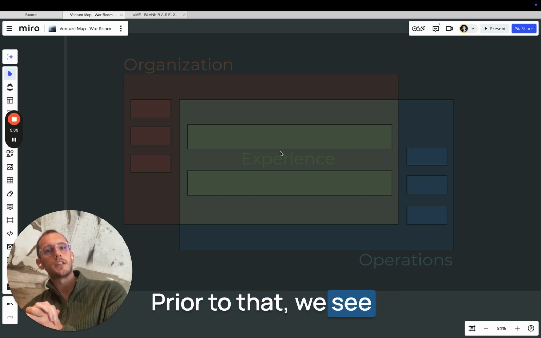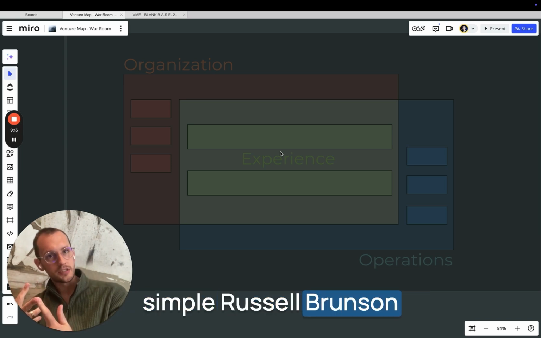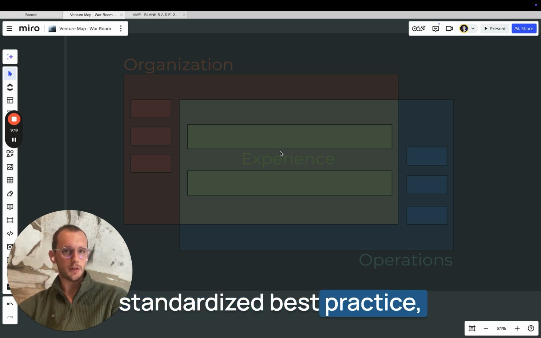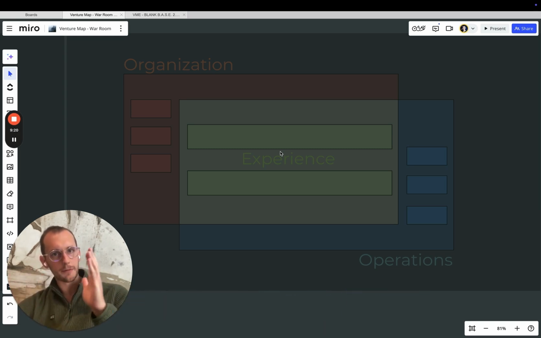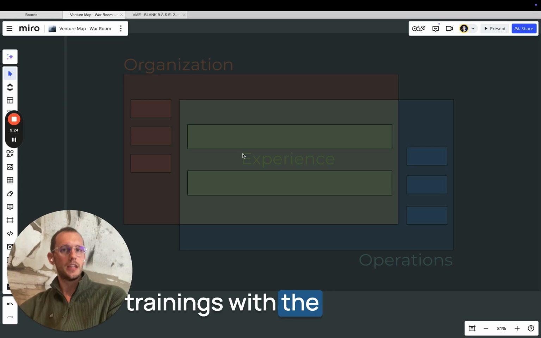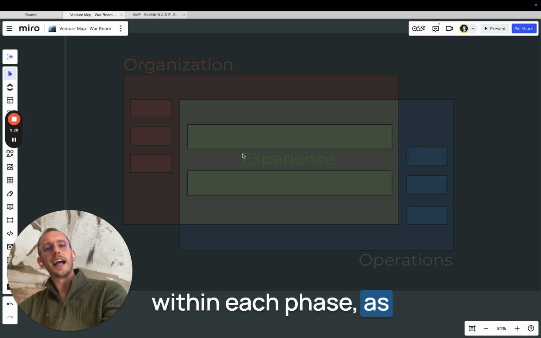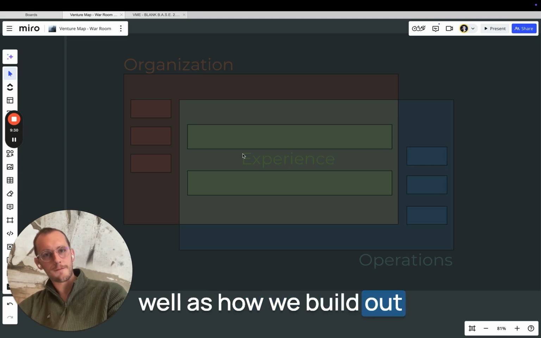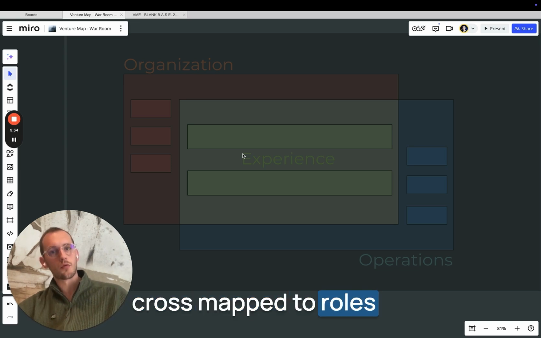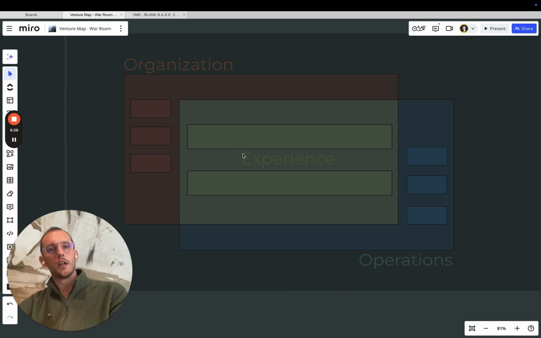Prior to that, we see a mixture between Donald Miller's from Business Made Simple, Russell Brunson from Traffic Secrets, then really just very standardized best practice, for example, traffic, top of funnel, mid funnel, and sales. So there will be further trainings with the life cycle phases, best practices within each phase, as well as how we build out functional areas that are cross-mapped to roles on the org chart and SOPs and follow-on trainings.